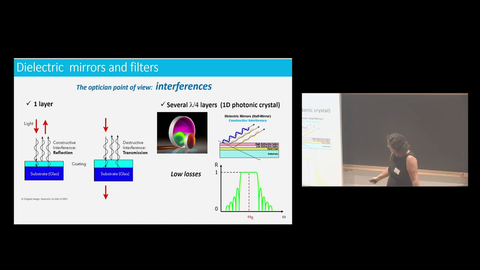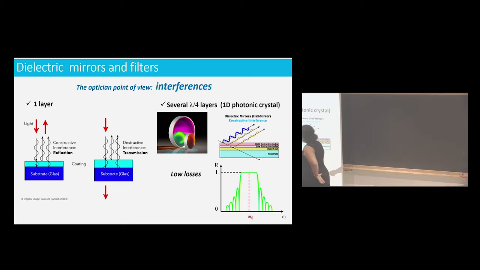I will just tell you the optician's point of view at the moment. Let's consider that you have a substrate and you put a layer, which is quite thin. Because you have a difference of index here and here, you have reflection at each interface.